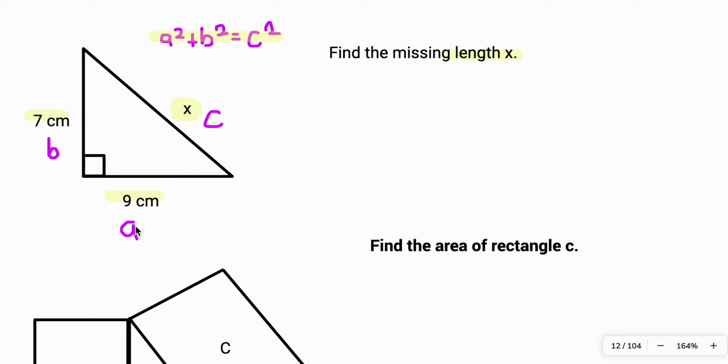We have 9, that's going to be our a, so we have 9 squared plus our b, which is 7, so that would be 7 squared. And then we would say that equals c squared since we don't know what our c is yet.